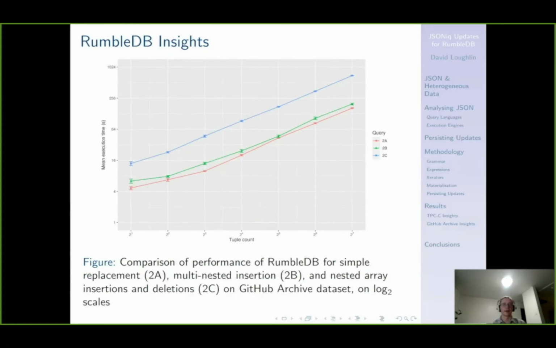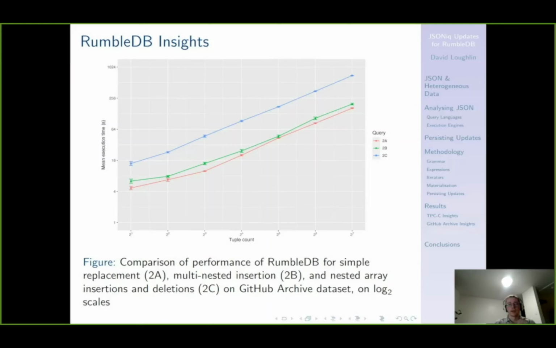We see a similar story when analyzing the GitHub archive benchmark, as the green line performing nested insertions and the red line, which does not, have similar performance, but the green line has a slightly higher execution time as it alters the schema, while the red query does not. Nevertheless, the difference diminishes with more tuples.